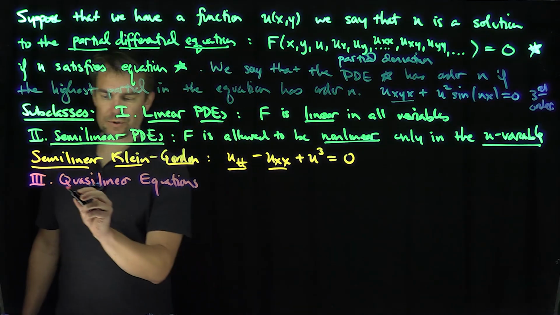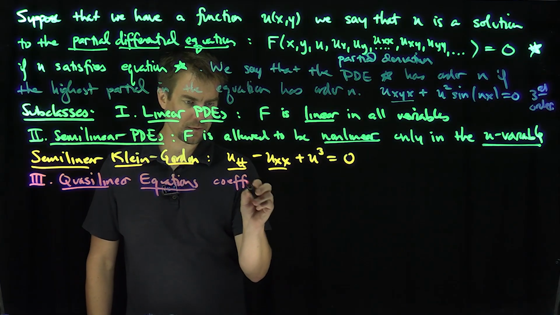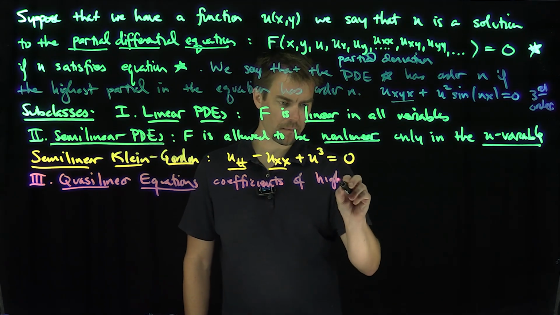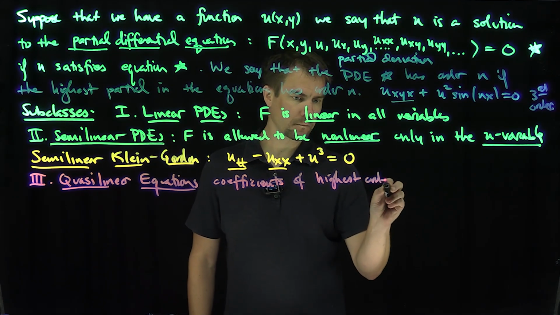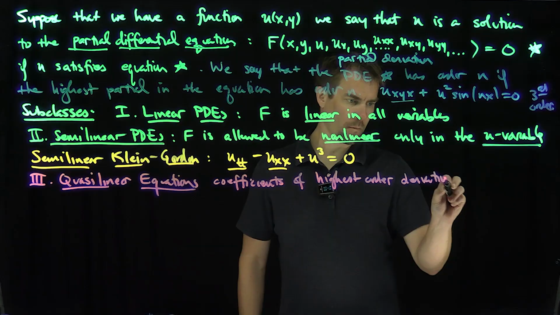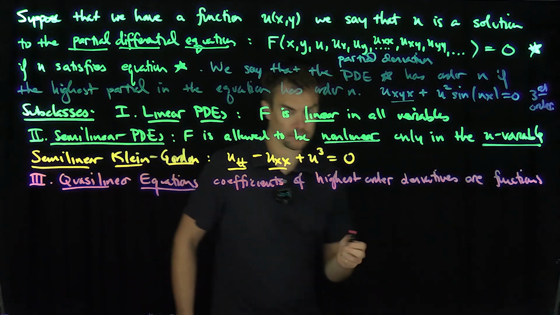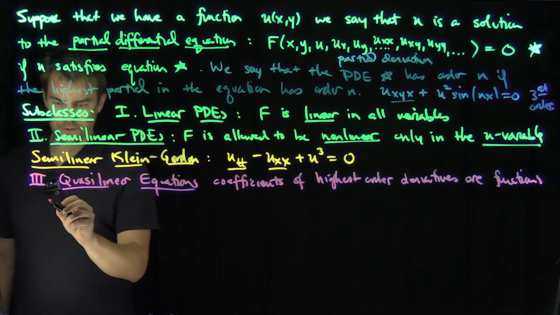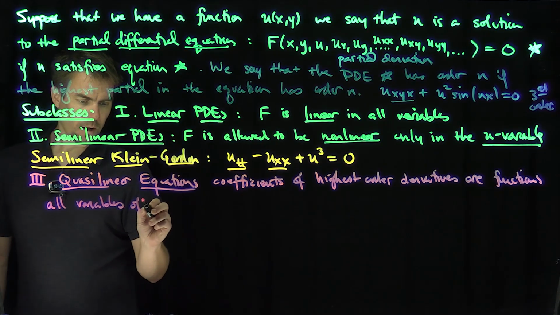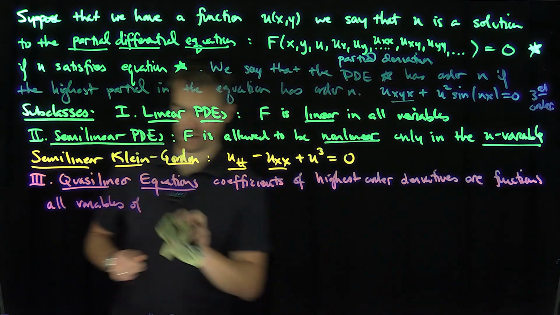And what quasilinear equations are is you're allowed to have coefficients of the highest order derivatives that are functions of all variables up to, so we'll say, up to the highest order minus 1.